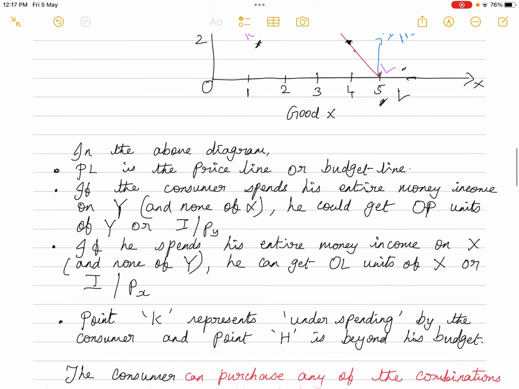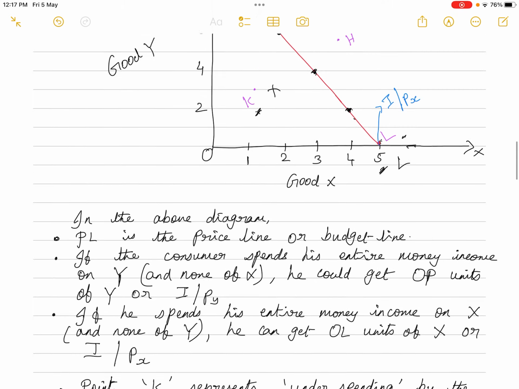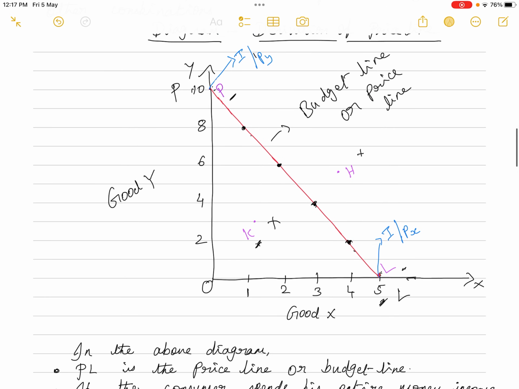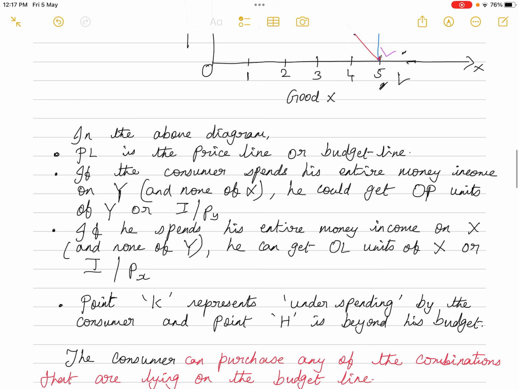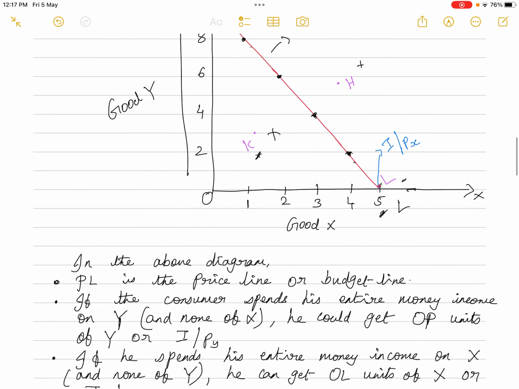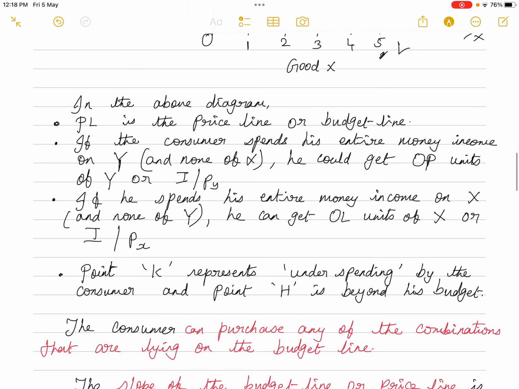Now, the explanation of the diagram. You can see that in the above diagram, PL is the price line or budget line. If the consumer spends his entire money income on Y and none on X, he could get OP units of Y, which is represented by I by PY.